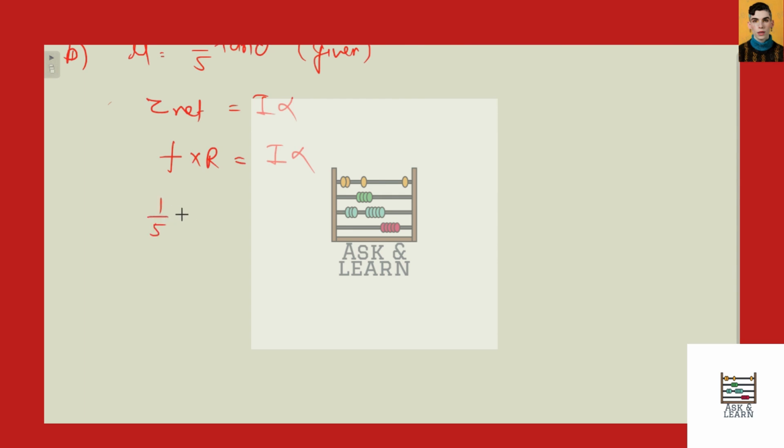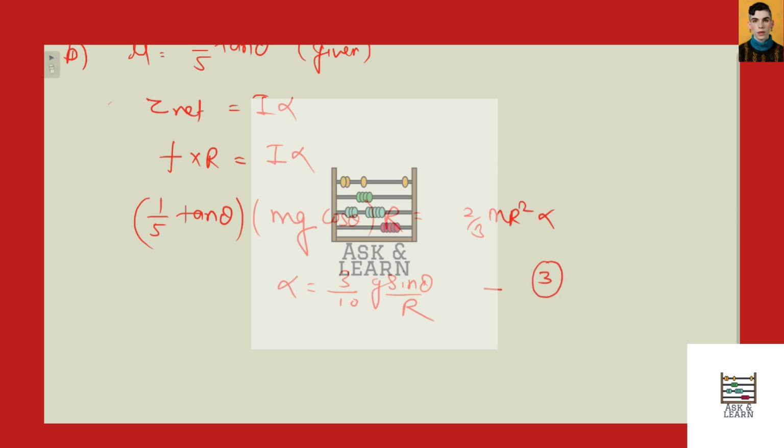So mu is 1 by 5 tan theta, and normal force is mg cos theta, into R is equal to I, which is 2 by 3 mr square, into alpha. From here we get the value of alpha, that is 3 by 10 g sin theta divided by r. Let this be our equation third.